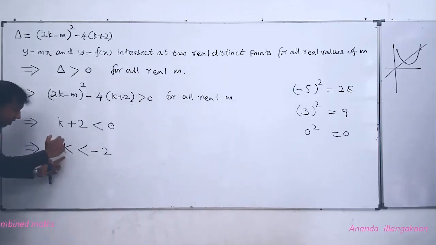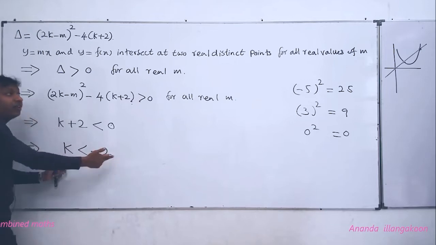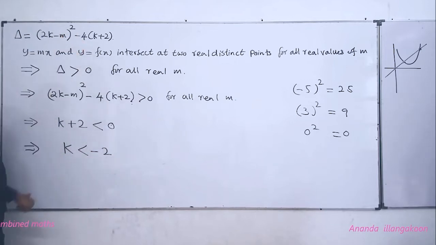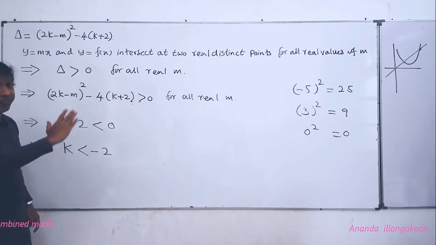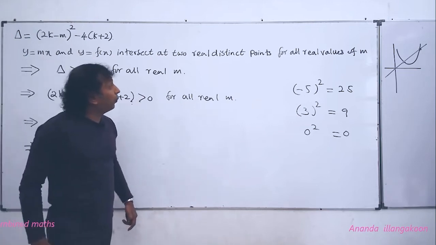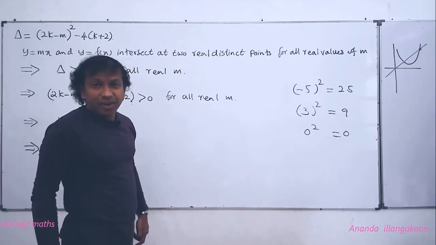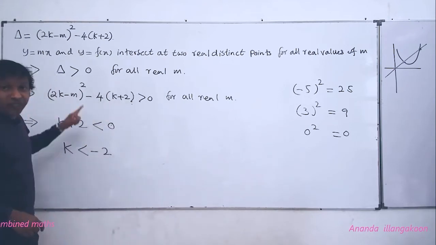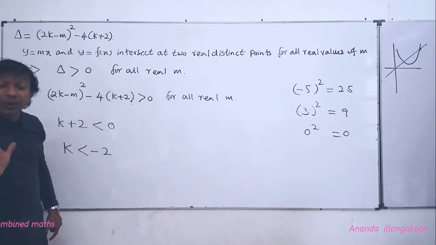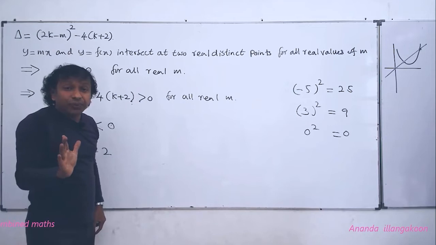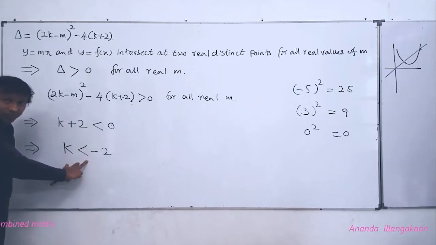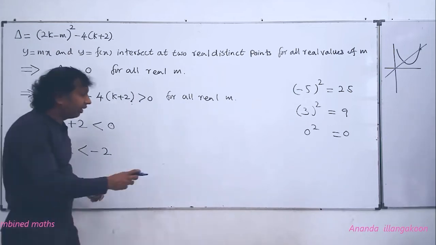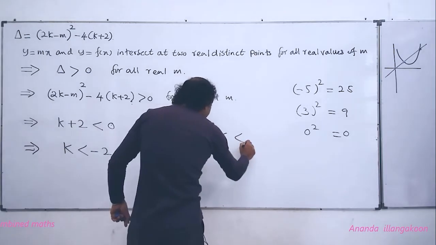Starting from here, only if k less than minus 2, we have to prove y equals mx and y equals f(x) intersect at two real distinct points. Starting from this, we have to obtain this. Now we have to start from k less than minus 2.